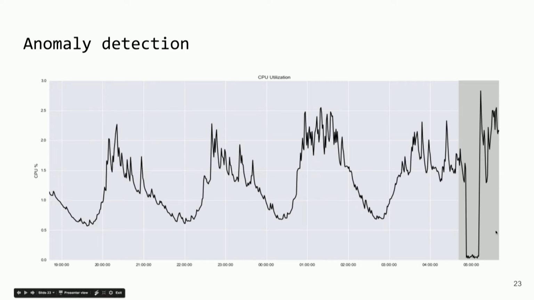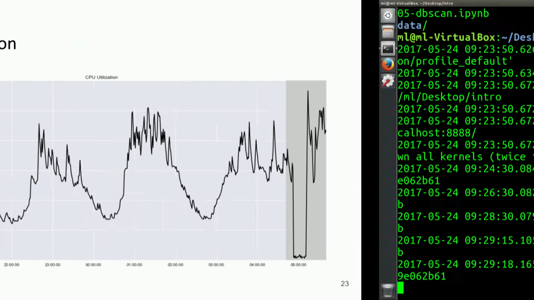So let's say you set the threshold to be here, since you have never observed the CPU go below 0.5% over the last 5 days. But what if it actually goes to 0.6%, which still looks anomalous because of the shape? You can tell that the pattern is weird, but you still want to be able to detect this. So let's try to use machine learning to see if we can find this anomaly.